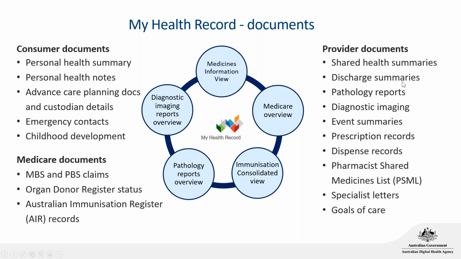So a discharge summary would be uploaded by the hospital, pathology and diagnostic imaging reports, or specific documents like a pharmacist shared medicines list would be specifically uploaded by a pharmacist. And then we have other very useful documents for you to look at, such as shared health summaries, for example, which would give you that overall picture about a patient if they were potentially referred to you and that information wasn't provided.